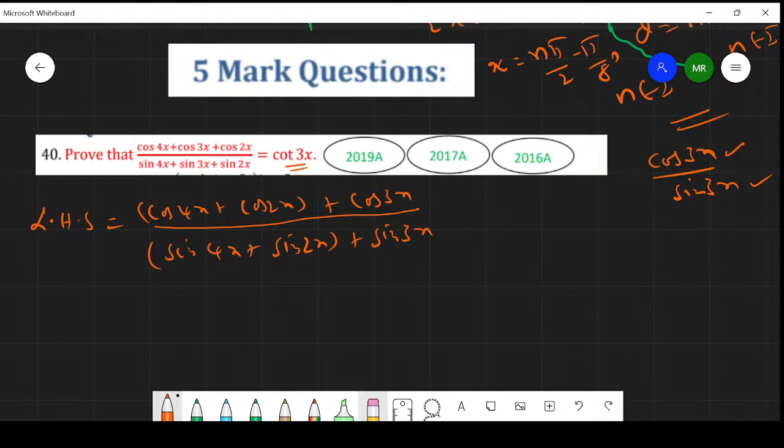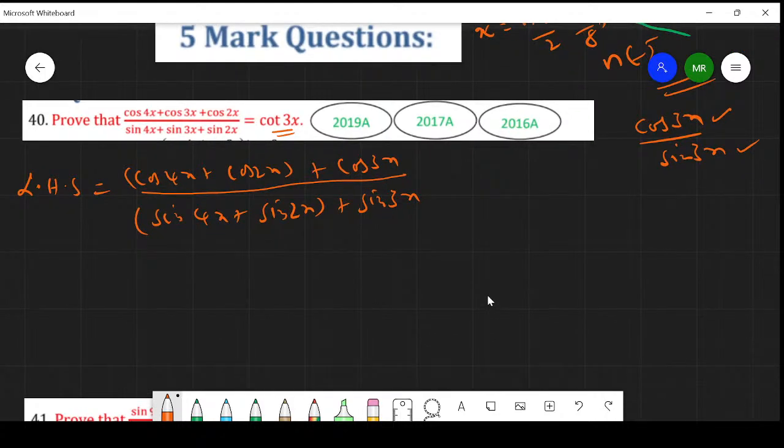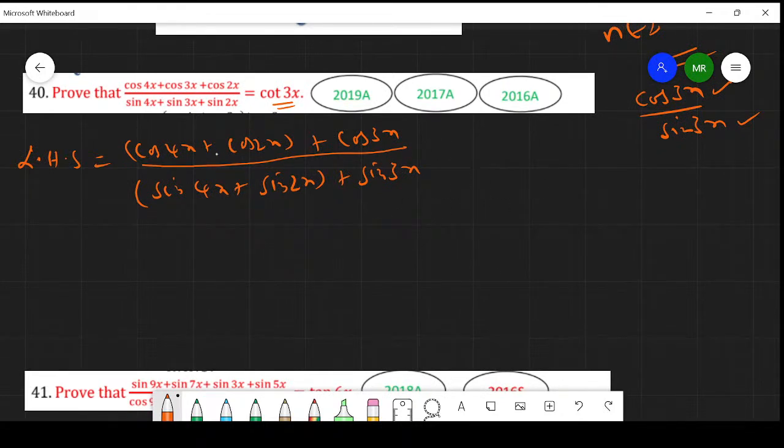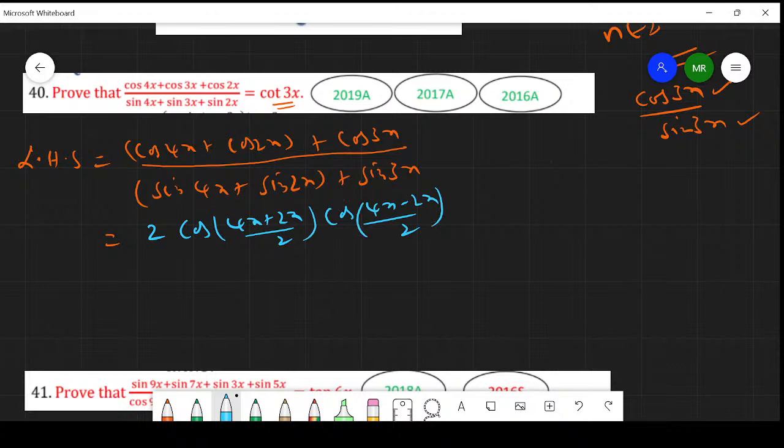Apply the cos c plus cos d formula. What is the cos c plus cos d formula? That you remember: cos c plus cos d is 2 cos of c plus d by 2 into cos of c minus d by 2. Apply that formula here: 2 cos of (4x plus 2x) by 2 into cos of (4x minus 2x) by 2, plus cos 3x.